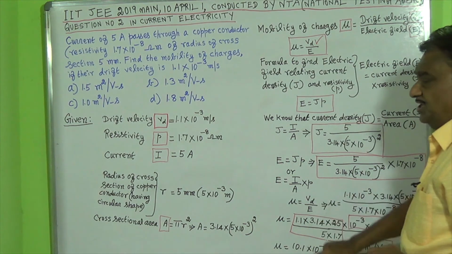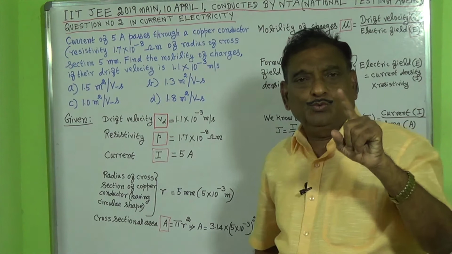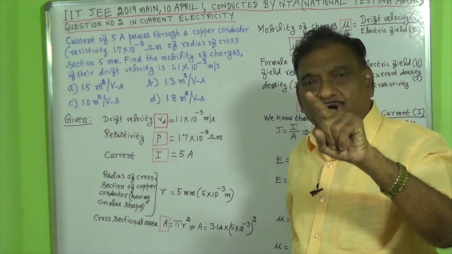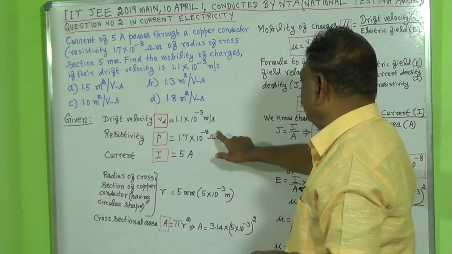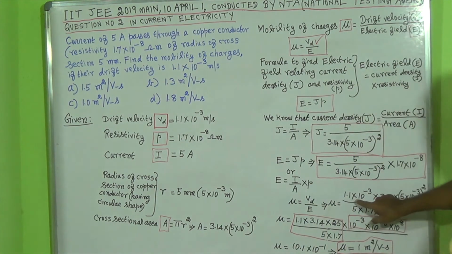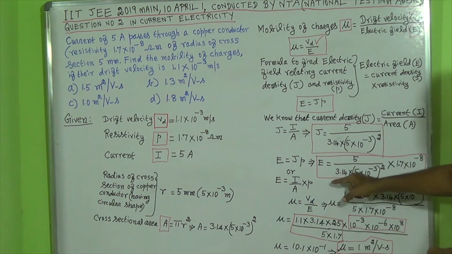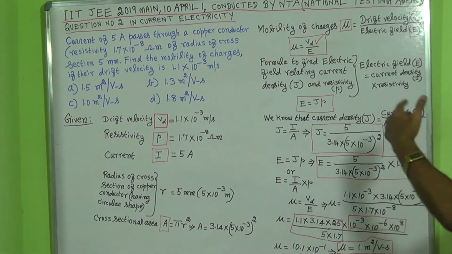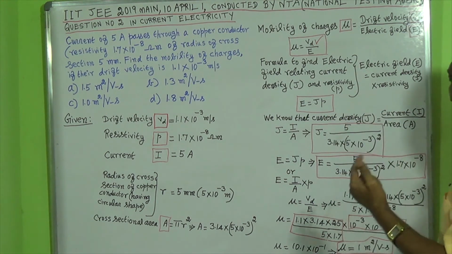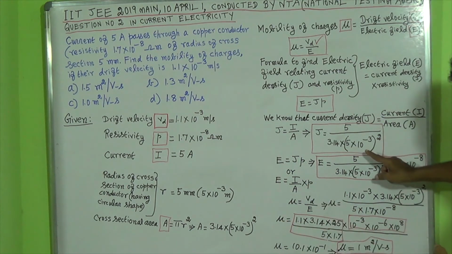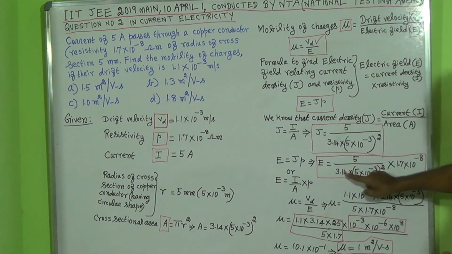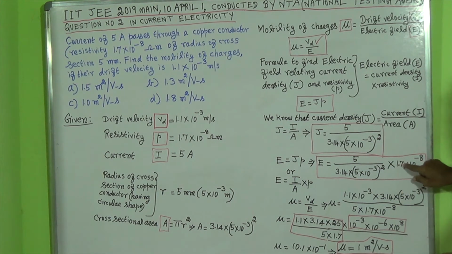The drift velocity is given as 1.1 into 10 to the power of minus 3 meter per second. So we can substitute that data. Then we have to substitute the electric field we have determined. What is the electric field we have determined? 5 by 3.14 into 5 into 10 to the power of minus 3 the whole square into 1.7 into 10 to the power of minus 8.